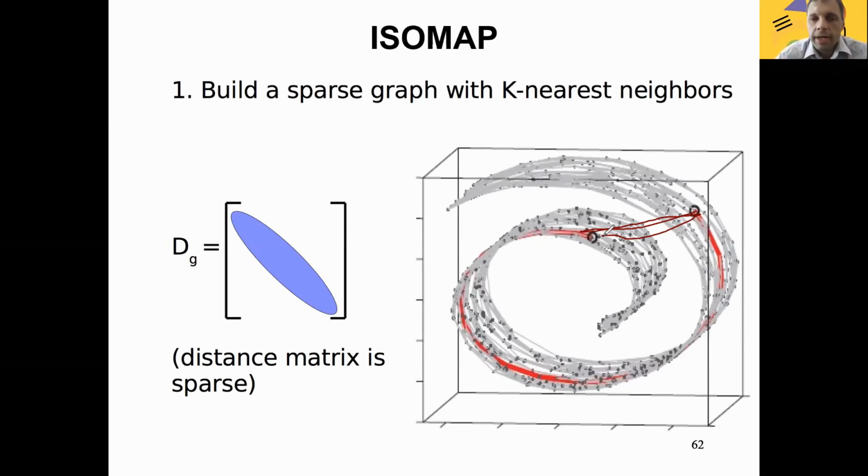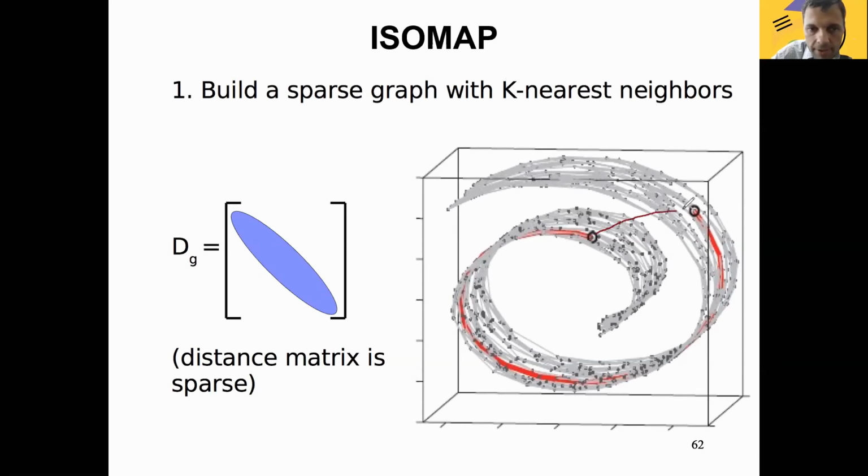Then we tried to construct a lower dimensional representation of points in such a way that the distance in the initial space is accurately approximated by the distance in the embedded space. However, as I already mentioned several times, it's not correct to calculate the distance in this way. We need to take into account that our data belongs to a manifold.